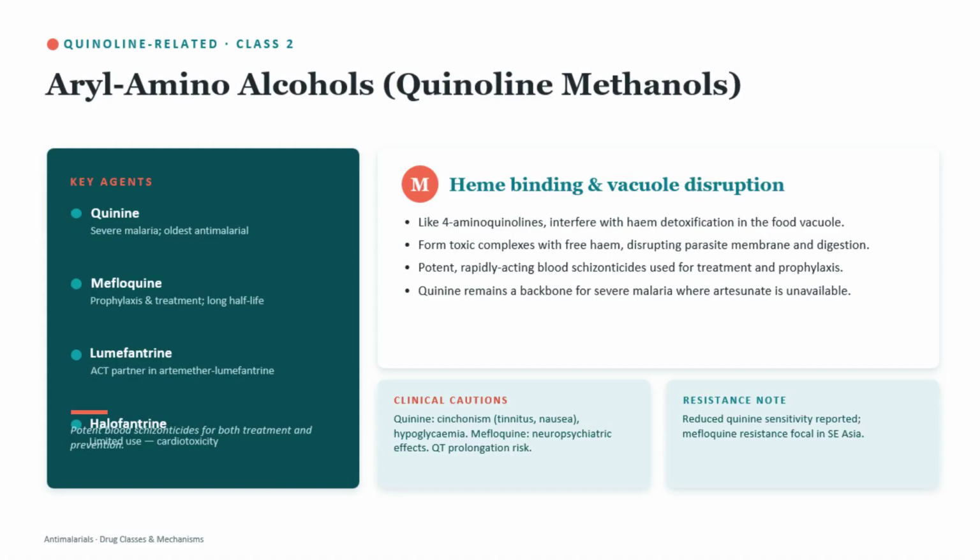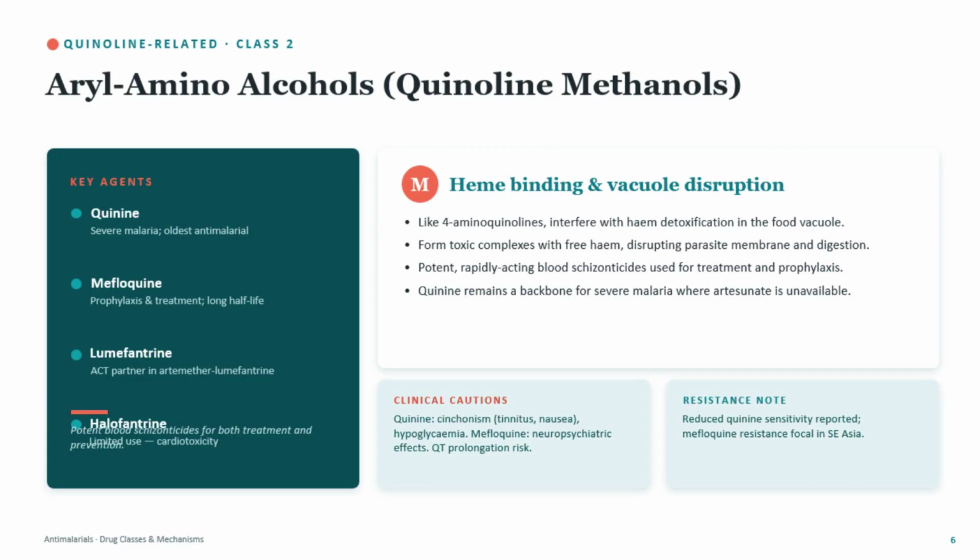Next, I want to show you the amino alcohols, the quinoline methanols quinine, mefloquine, lumefantrine, and halofantrine. You'll notice a familiar theme. They interfere with heme detoxification and form toxic heme complexes.